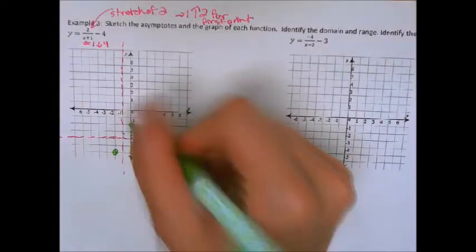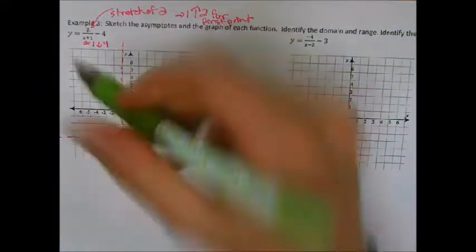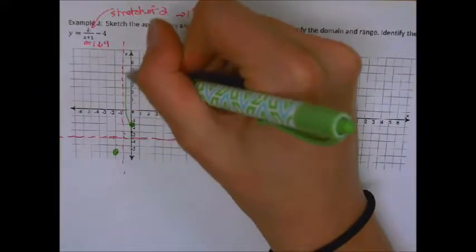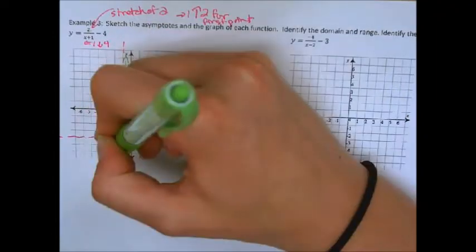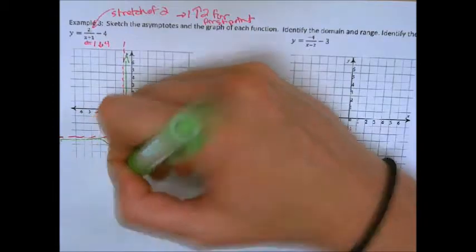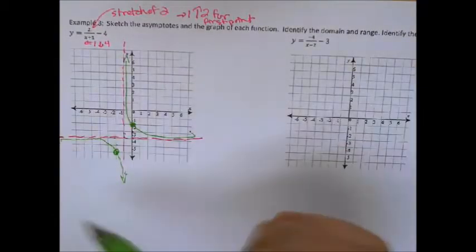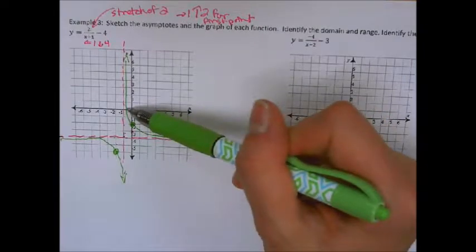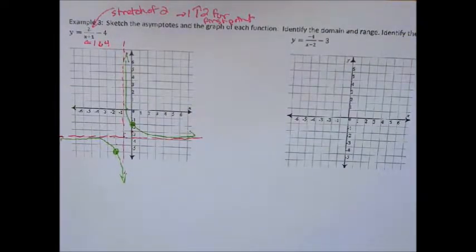And this 2 is again because of that 2. All right, so let's ask ourselves a couple questions. We do have an x-intercept, so we'll have to find that, and we will have to find our y-intercept.